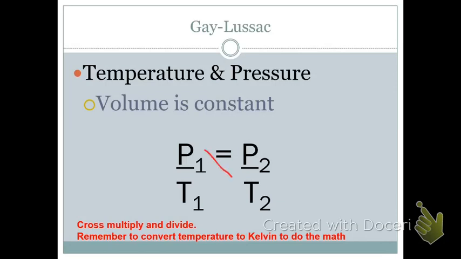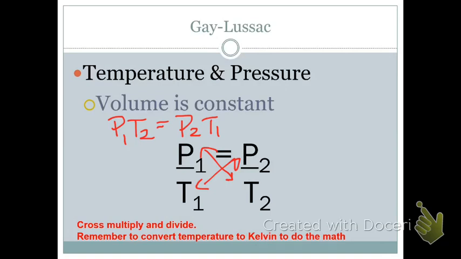So we're going to have to once again cross multiply. So we get P1 T2 is equal to P2 T1. That's your linear, and I would write that down. If you have difficulty figuring out how those work, you can write that down, so that will help you out.